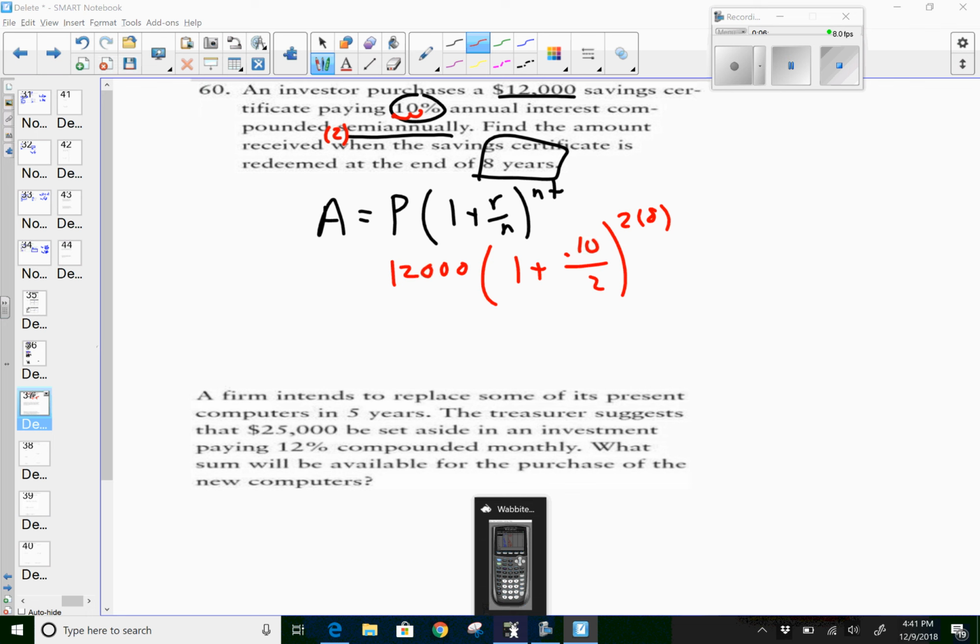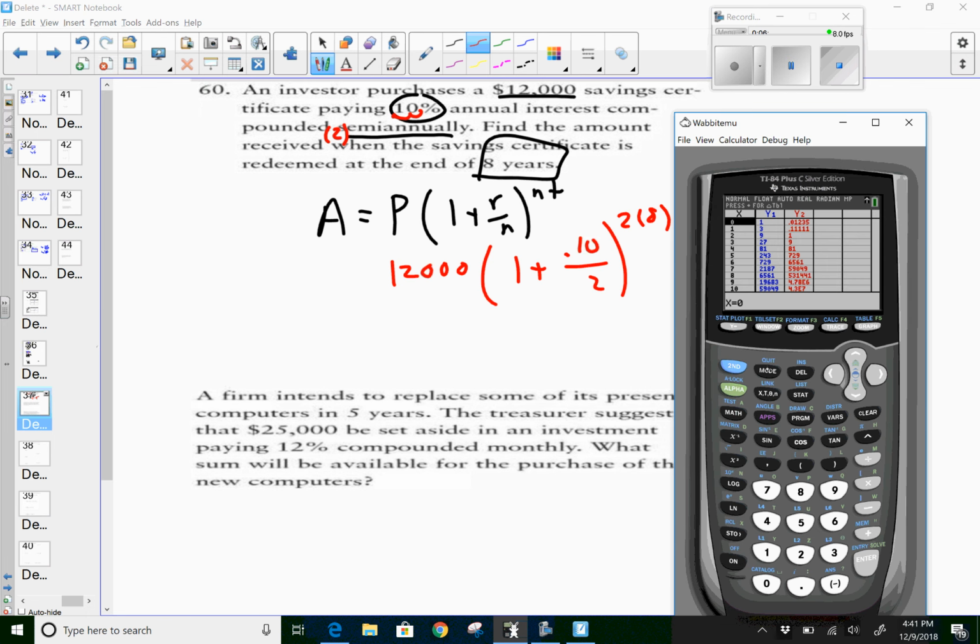All of this just goes into the calculator. So I have 12,000, parentheses, 1 plus, alpha y equals gives me the little fraction thing.